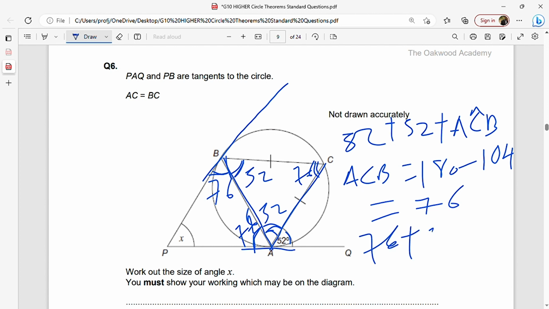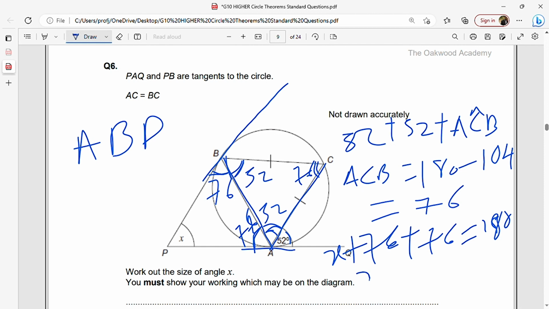We are dealing with triangle ABP now. That is this triangle here. So when you add up, let me rub off the mistake I did here. Alright, so X plus 76 plus 76 equals 180. Then X equals 180 minus the sum of those two angles together, and that will give you the final answer.